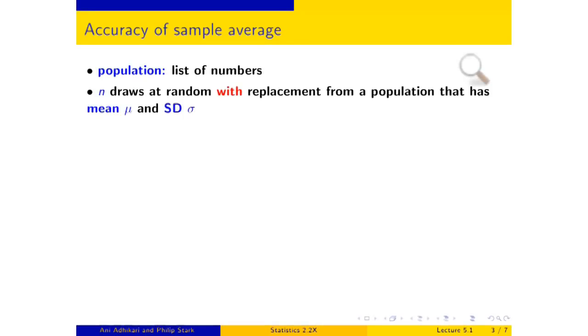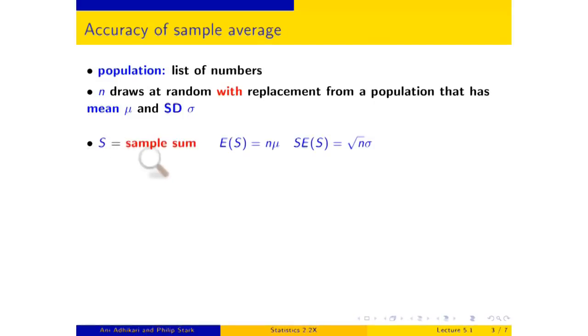And what I have here is a set of n draws with replacement from this list. And I'm going to call the average of this list mu, that's the Greek m for mean, and the SD of this list sigma, that's the Greek S. Once you've done this, you have n numbers, each of which comes from this list, and there is one operation on those n numbers that you understand very well, and that's adding them up.